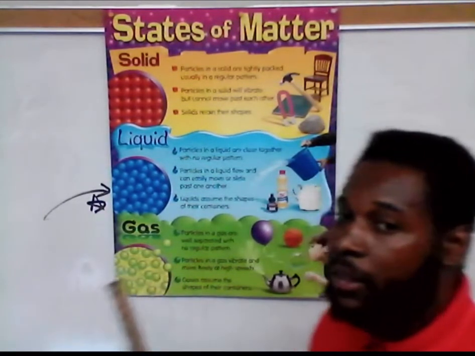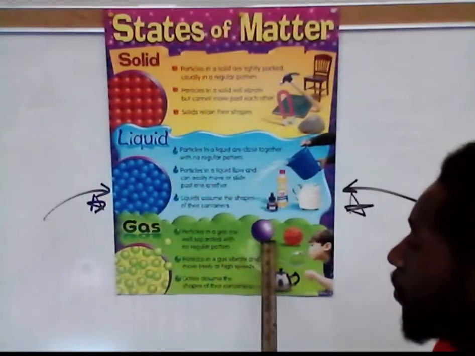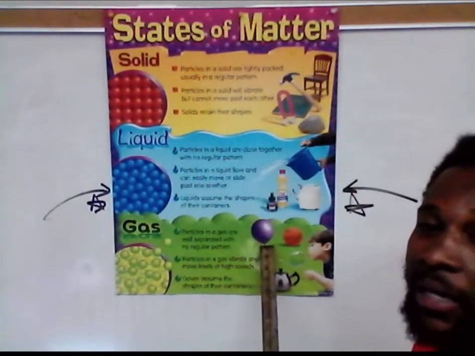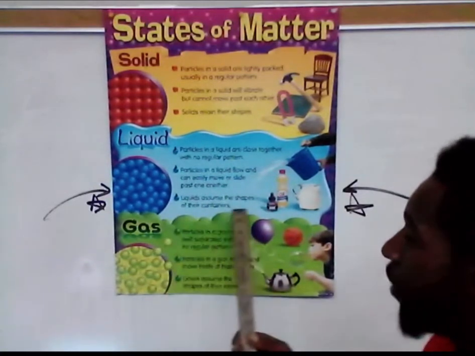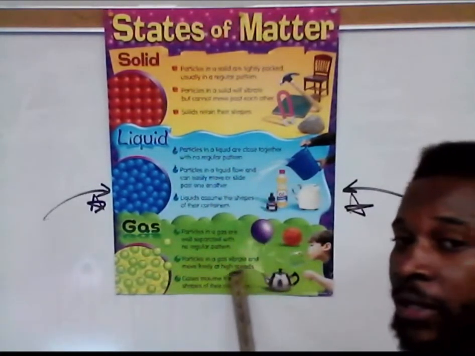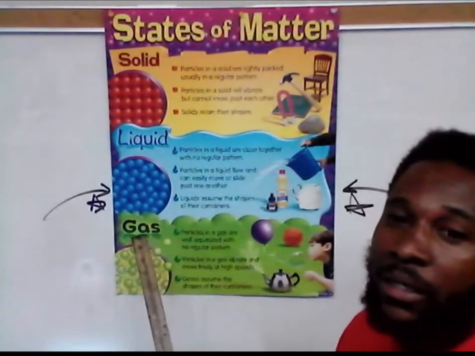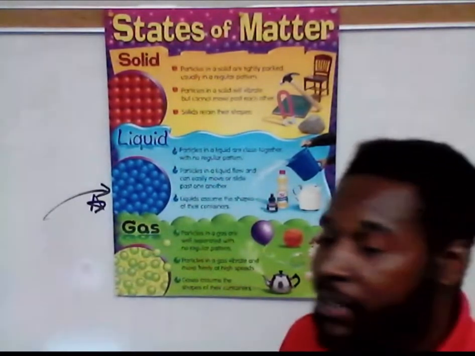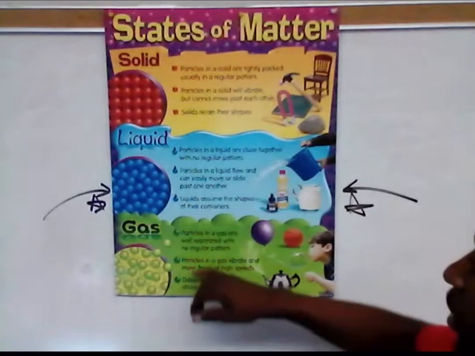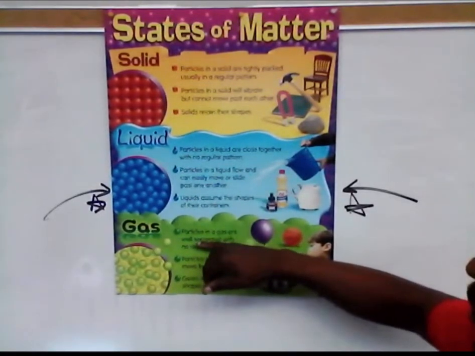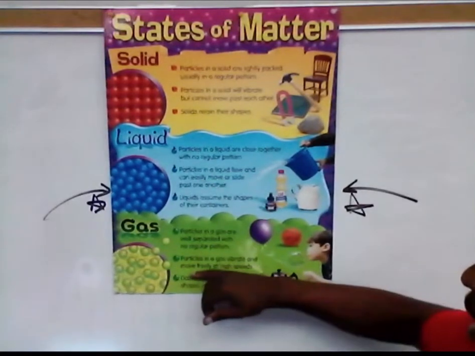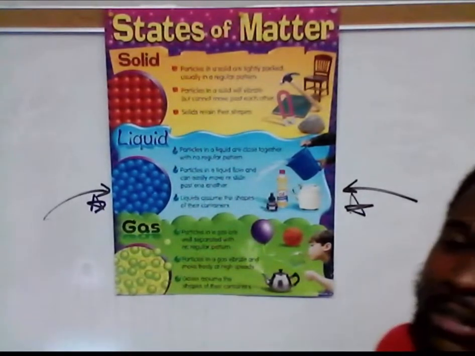So, in this example, my lungs will be the container, and my lungs allow for the gas to move in and for the gas to move out. So, gases are without a regular pattern and are separated, and they move at high speeds.